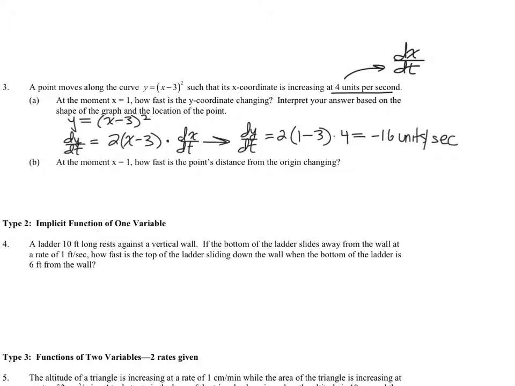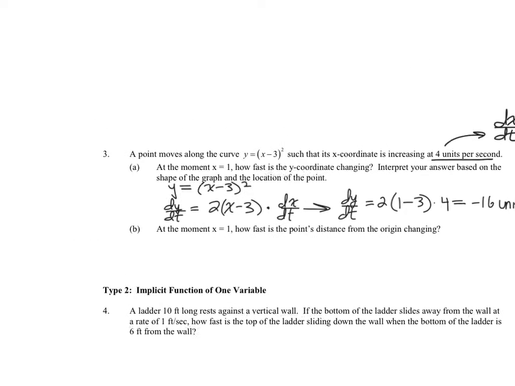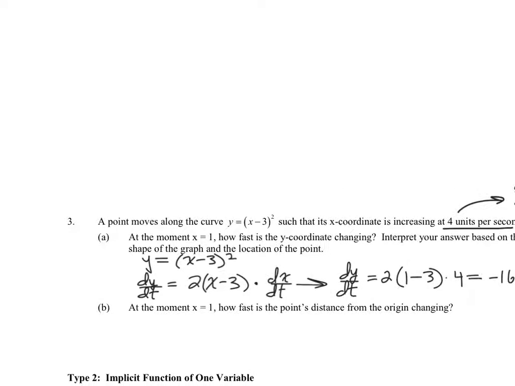At the moment x equals 1, how fast is the point's distance from the origin changing? That's a little bit more interesting. This is obviously a parabola, but part B is not really asking about movement along the parabola directly. I mean, indirectly, definitely. Let me just do a quick sketch here.